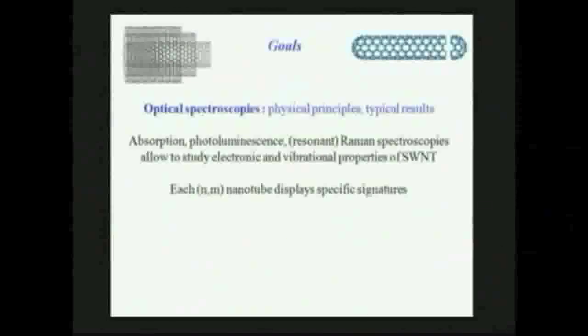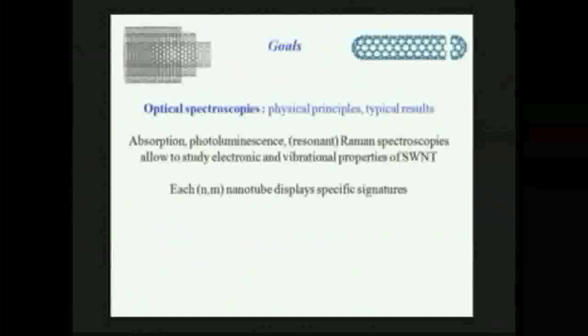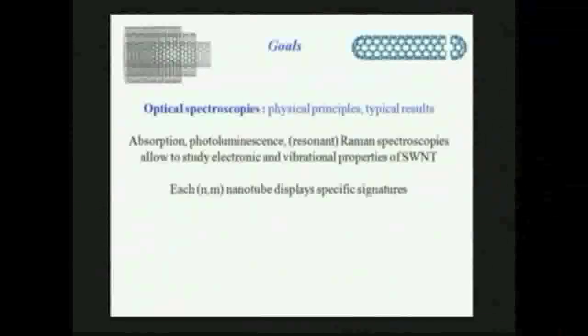And we also saw that each nanotube displays a specific signature, so that if you can carry out optical measurements on the sample, you will be able to identify one specific nanotube and detect its (n,m) signature, its (n,m) properties.